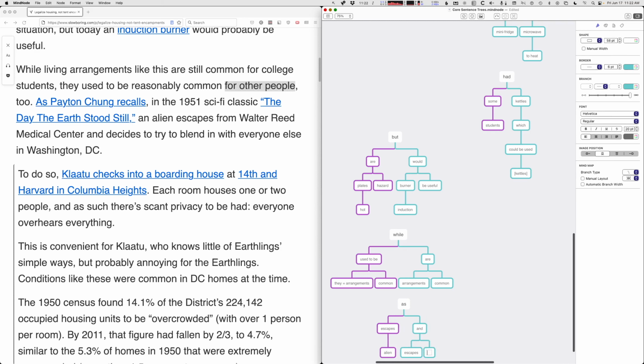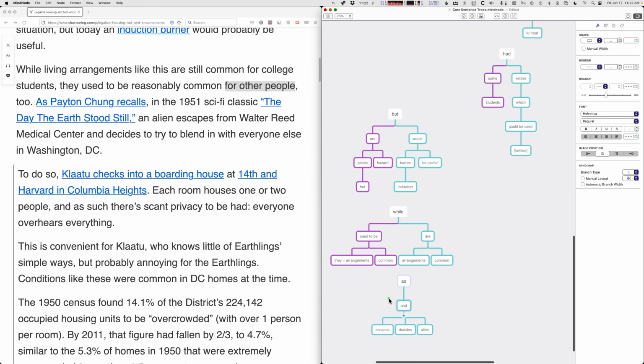We have escapes and decides with the shared subject alien. So this is the verb. The lead node is the and so then we've put the subject nested under the lead node of the verb.